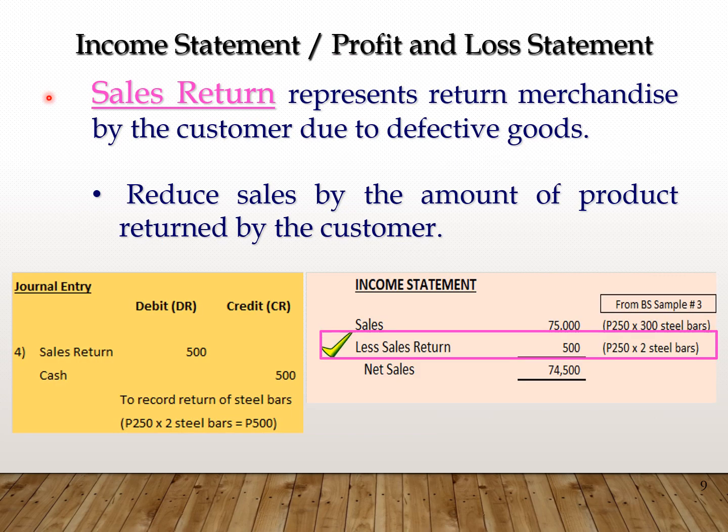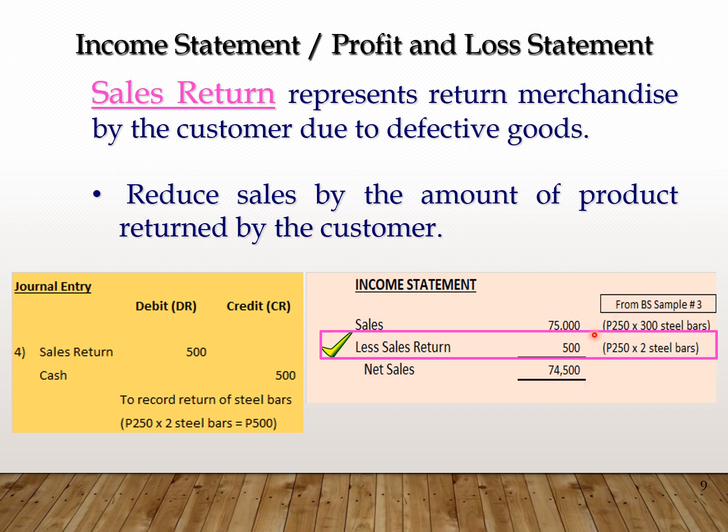Sales return is also shown in the income statement, wherein it represents returned merchandise by the customer due to defective goods. It reduces sales by the amount of product returned by the customer. To illustrate, I used the balance sheet sample number 3 shown in the Part 1 series, wherein Mr. Cruz sold 300 steel bars, assuming a return of 2 defective steel bars amounting to 500 from the sales of 75,000 to come up to a net sales of 74,500.